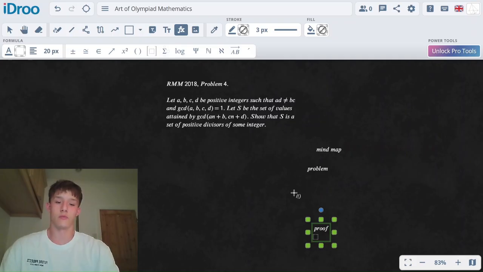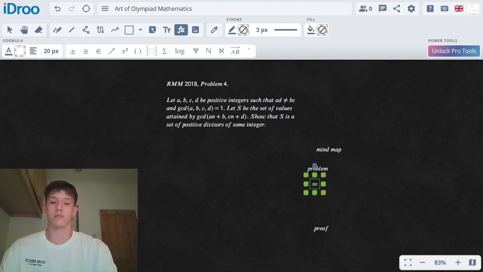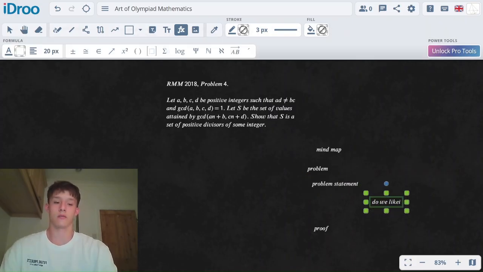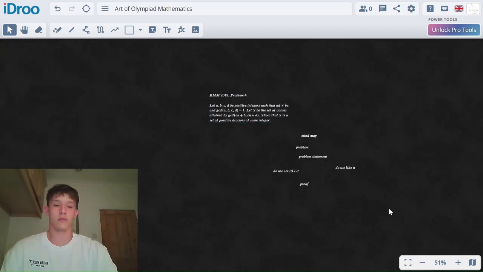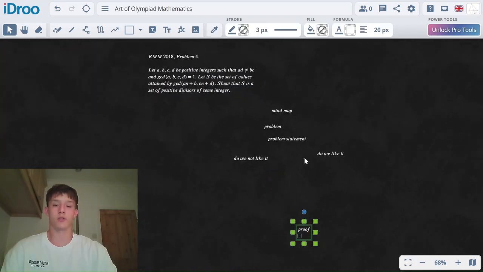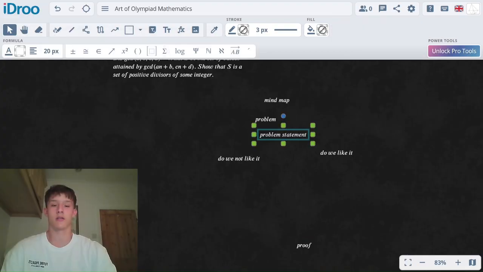How do we do that? Essentially, you take a problem statement, and then we want to understand, do we like it? Do we not like it? When we have a problem, you always want to look at the problem statement, and the problem statement has a set of conditions.